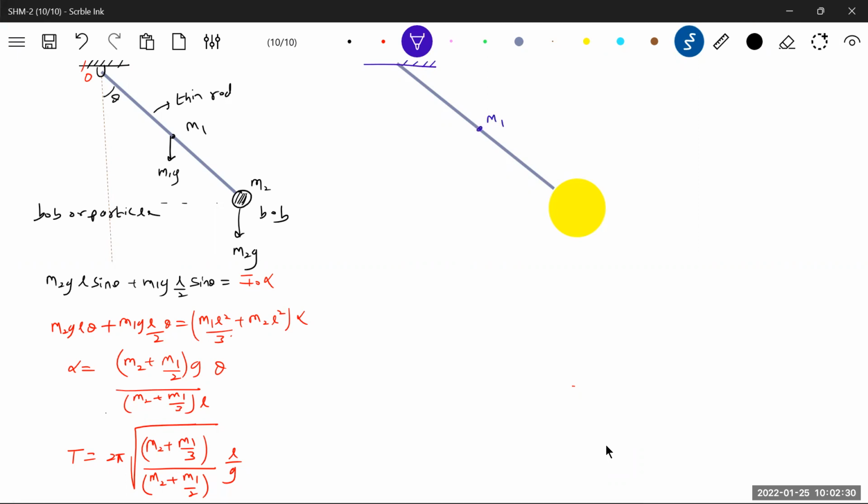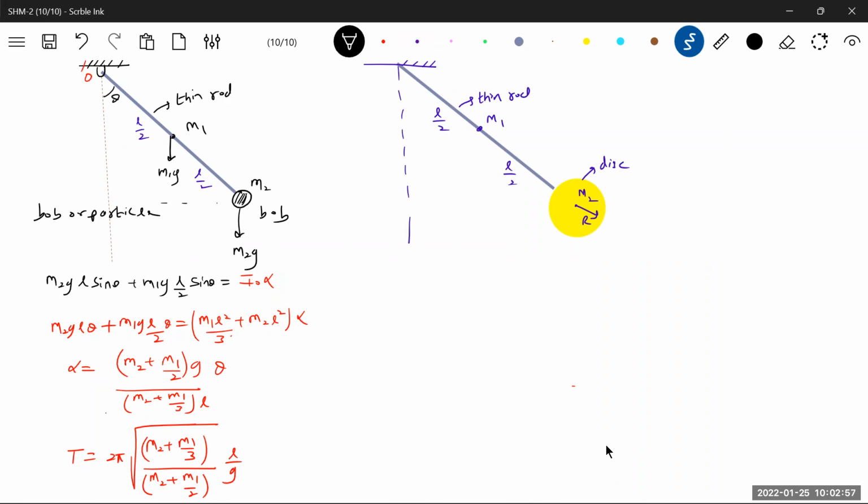This is M1, length L. Let me write clearly. This is the length. This is having radius r. This is M2. This is a disc now, on a thin rod. Yeah, carry on now.